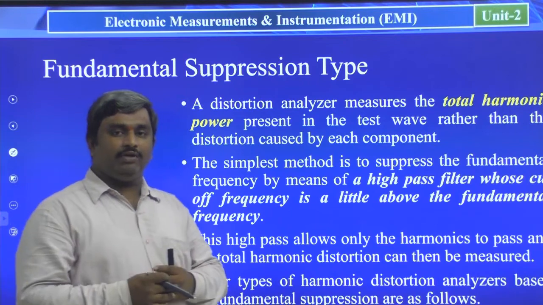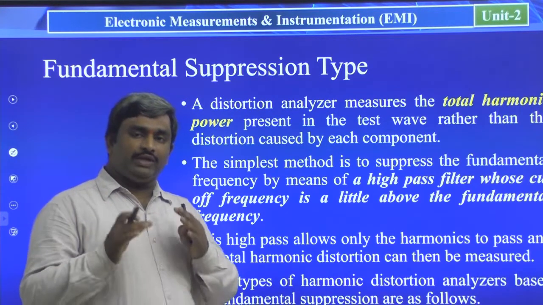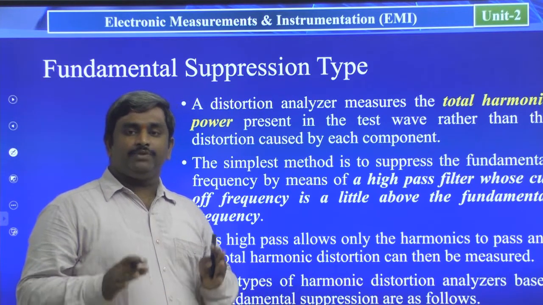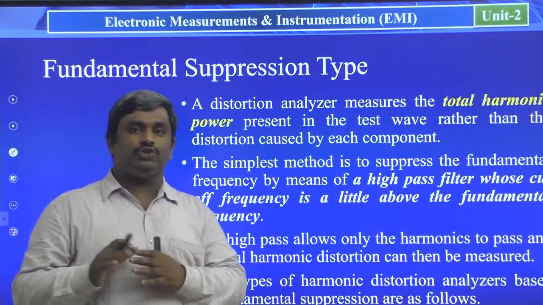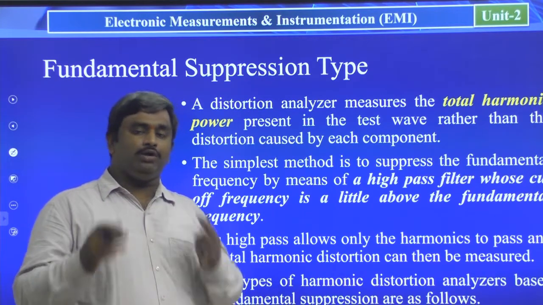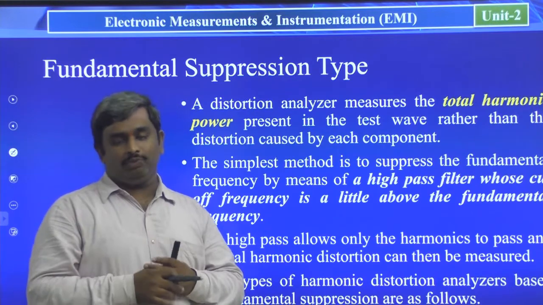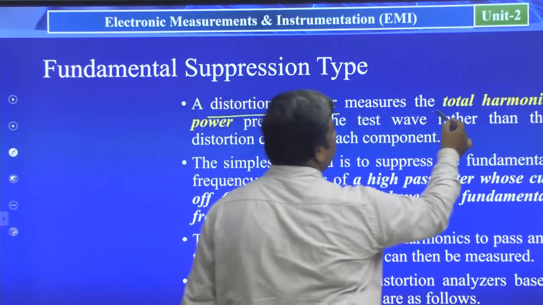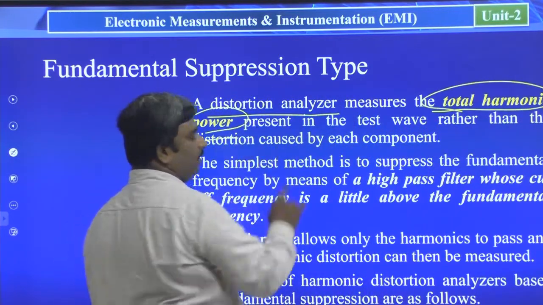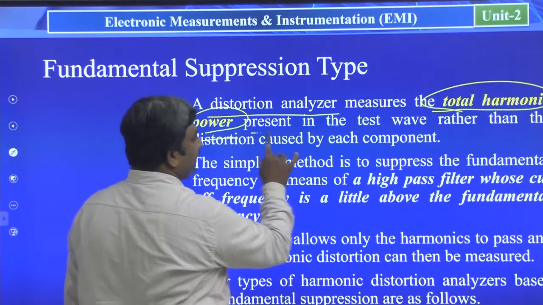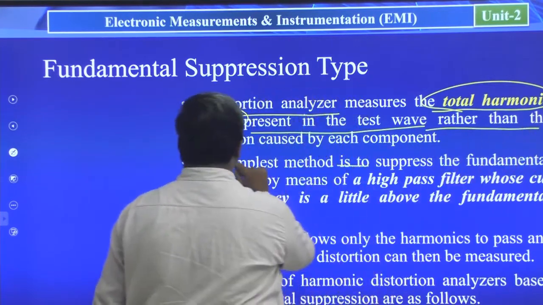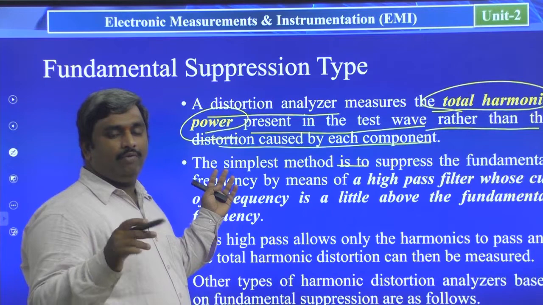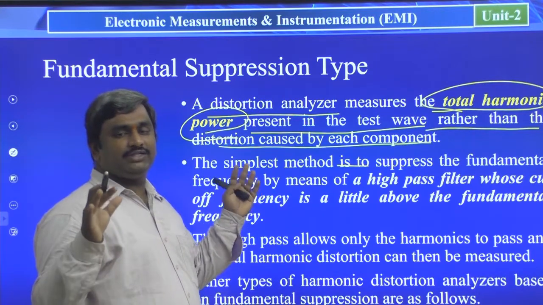In an amplifier, many components create harmonic distortions, but here we take the distortion caused by all the components together, the total circuit harmonic distortion.